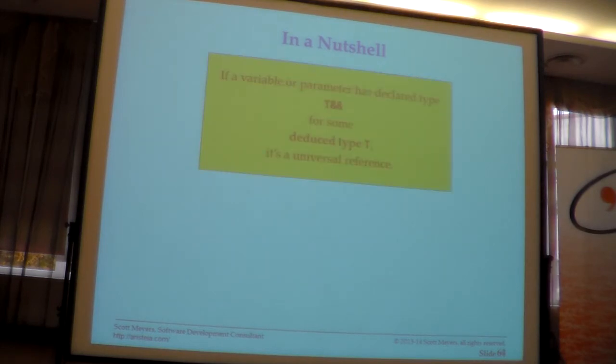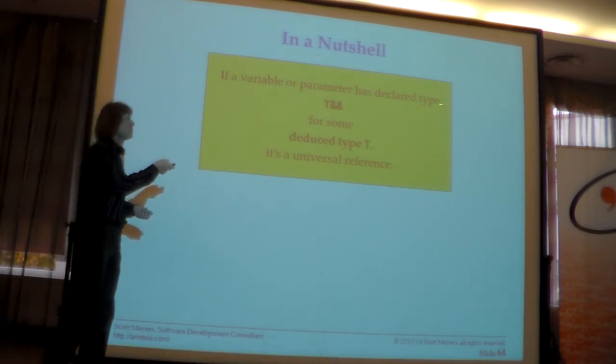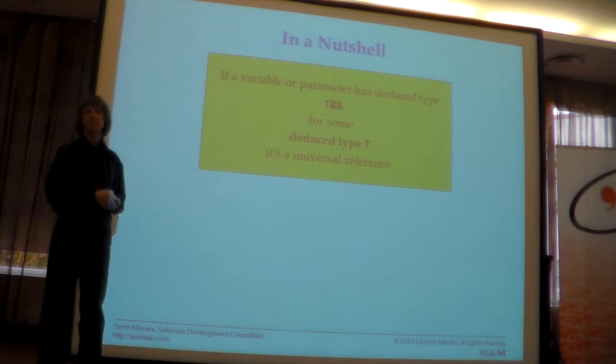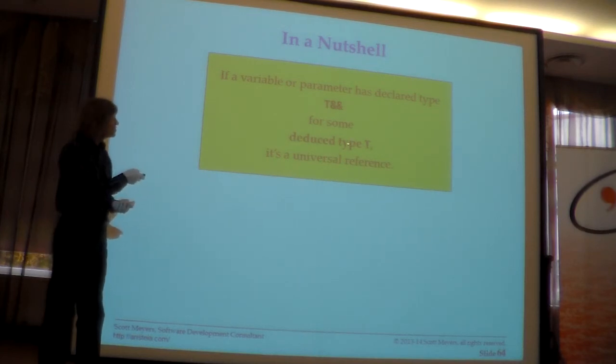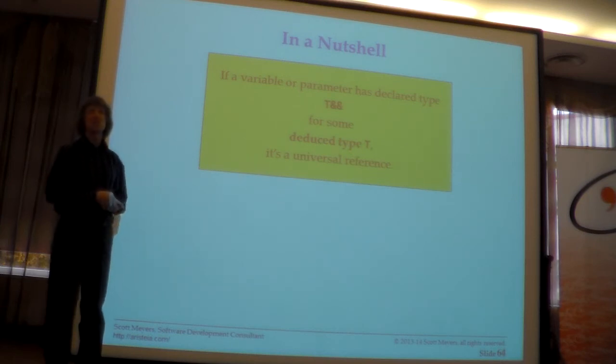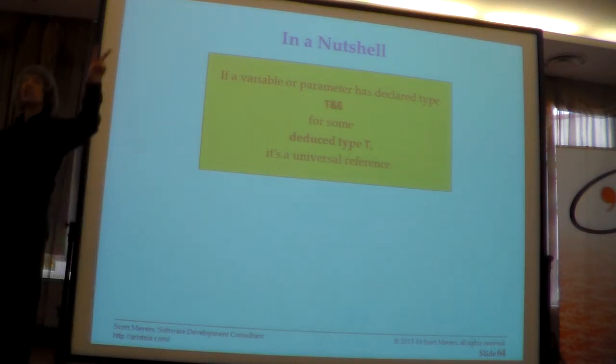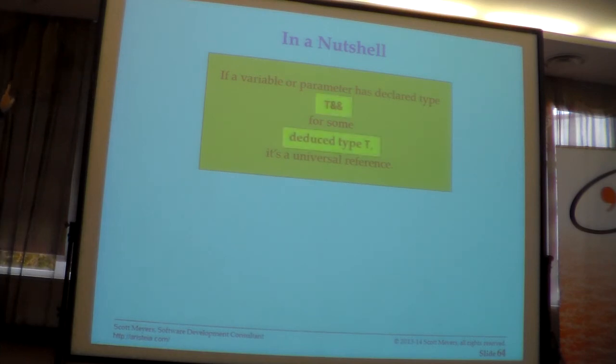So this is the gist of the situation. If you have a variable or a parameter whose declared type is T&& for some deduced type T, it's a universal reference. Notice that there are two criteria. First, the form is T&&. Any other form and it's not a universal reference.